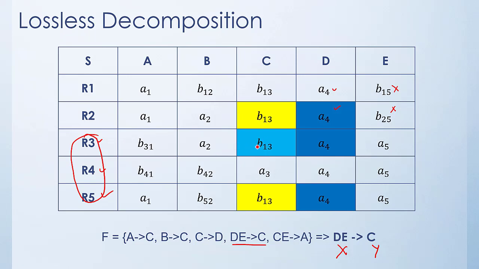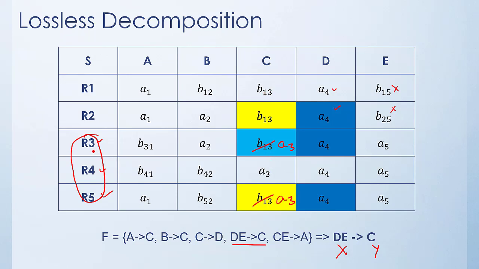So here we are going to replace AB3 by A3 and AB3 by A3. As row 2 is not participating and R1 is not participating, we are not going to replace those as well. We are going to consider only row 3, row 4 and row 5.